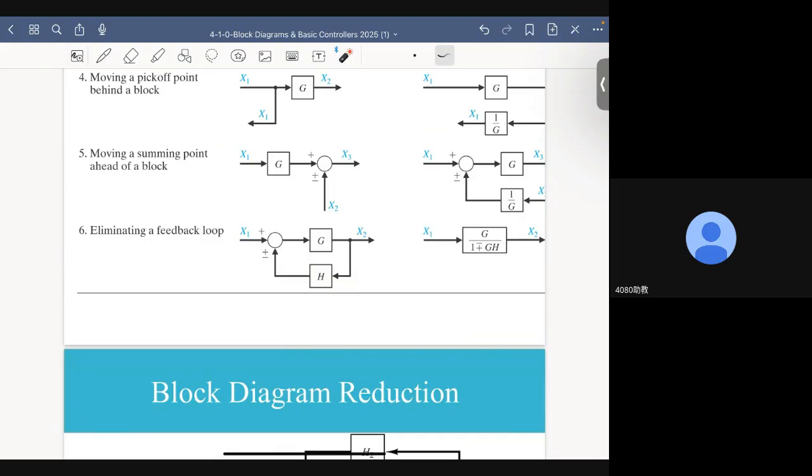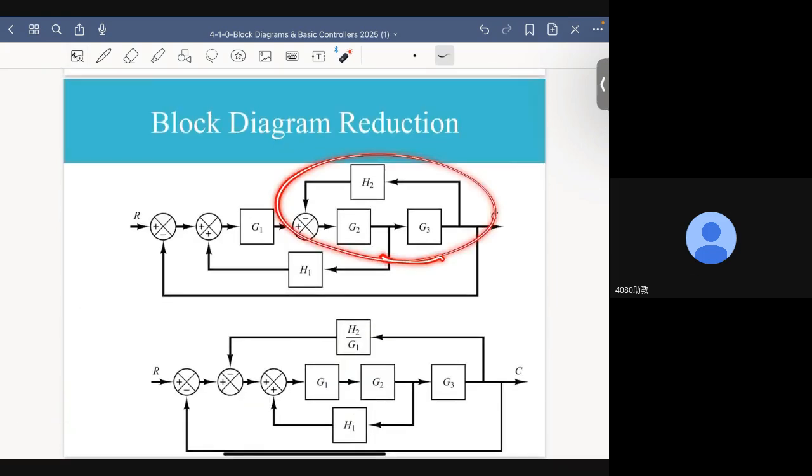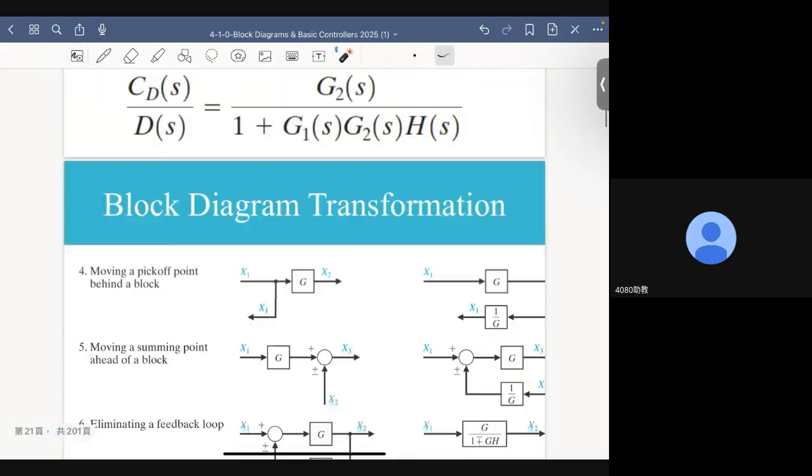It can only have 1 input and 1 output. Now, this is not the case here. Here we have a feedback loop, but it actually has 2 outputs. One is here, the other is here. So we cannot directly transform this into a simple feedback control system.